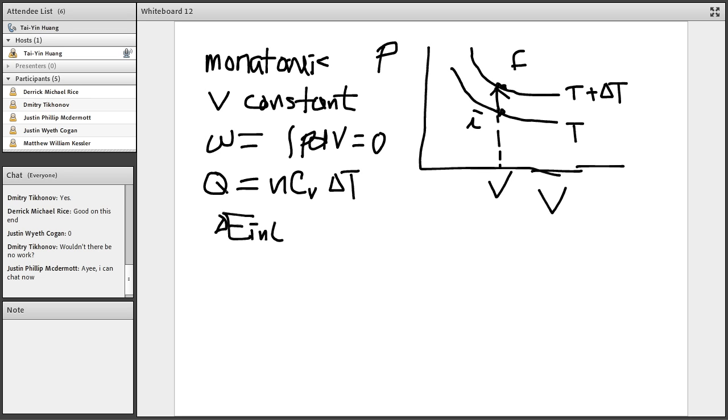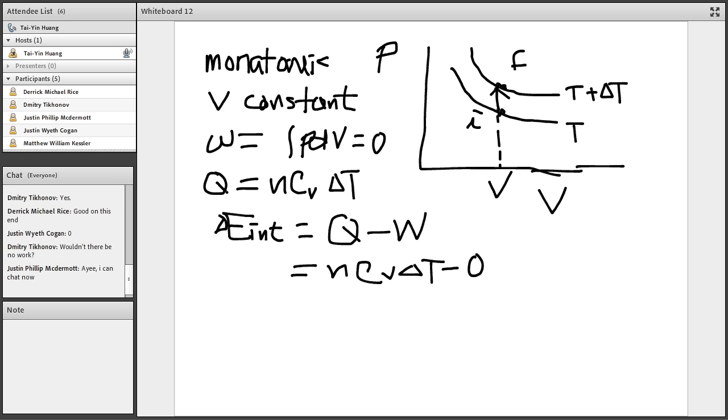The change in internal energy is equal to Q minus W. Now we substitute Q with this expression: nCv delta T, minus the amount of work done by the gas, which is 0.